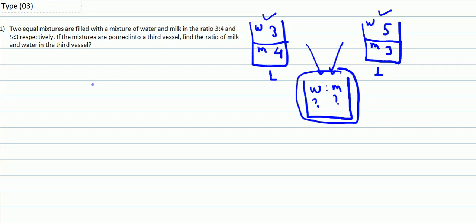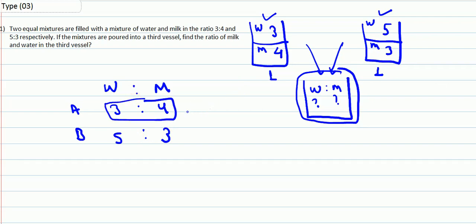So let us assume that water and milk, and this is vessel A and B, and it says that the first ratio is 3:4 and the second is 5:3. So guys, what we are going to do is add these two numbers first. This is 7, and add these two. This is 8.